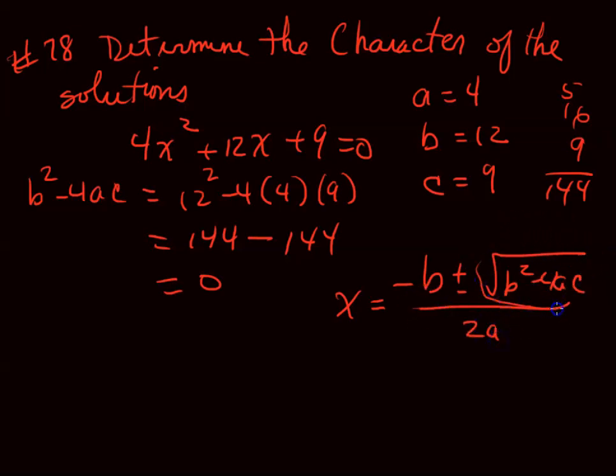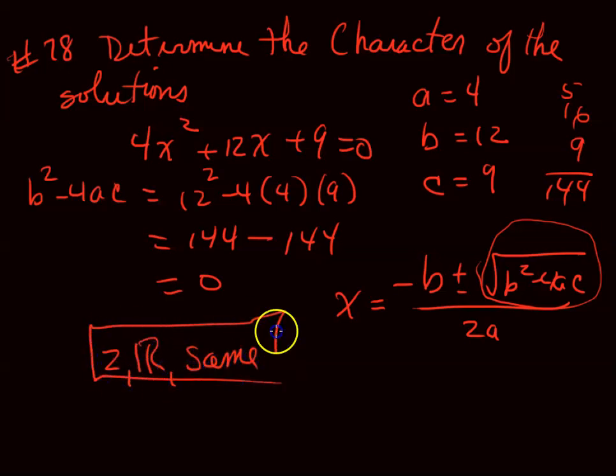If this is 0, it's just really minus b over 2a. I get 2 real same roots. Don't know what those roots are, but I know there's 2 of them. I know they're real numbers, and I know they're the same.